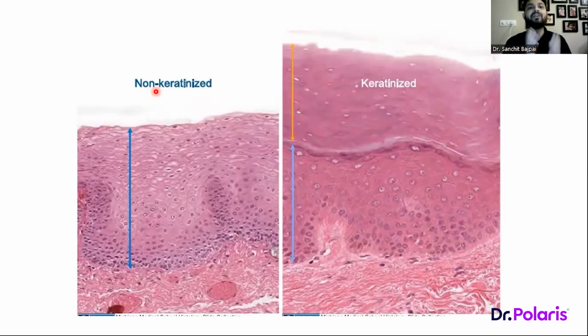That is also lined by non-keratinized stratified squamous epithelium. Similarly, the underside of your lips is also stratified squamous epithelium. The underside of your tongue is also stratified non-keratinized squamous epithelium, right? So all of these things which want the surface to be moist, but at the same time they want to decrease the wear and tear of everyday life, will be lined by non-keratinized stratified squamous epithelium. Got it?